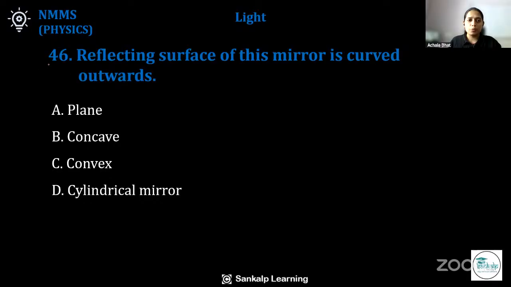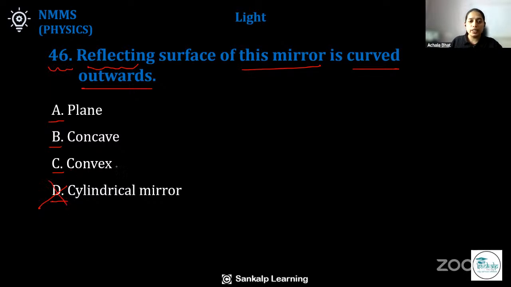Let us see question number 46 of NMMS Physics chapter Light. The reflecting surface of this mirror is curved outwards. A. Plane. B. Concave. C. Convex. D. Cylindrical mirror. I can eliminate option D, cylindrical mirror.